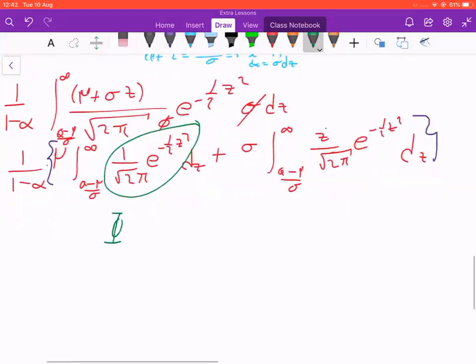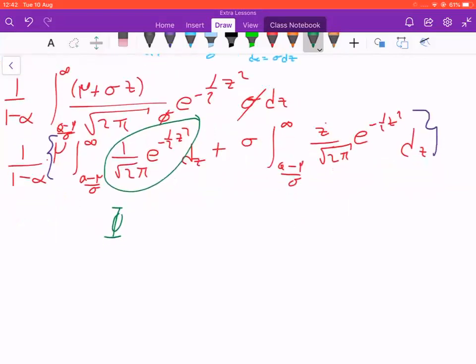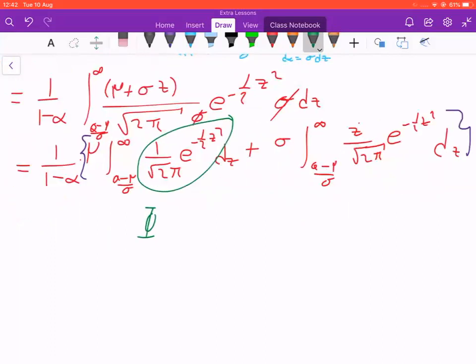So to find your answer over here, you can just do this. You will just say equals to 1 over 1 minus alpha, and then you will have mu. I will just write the mu over there, right?